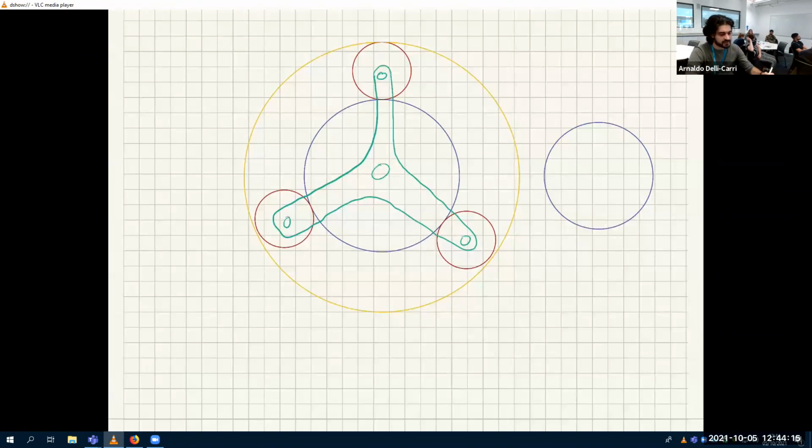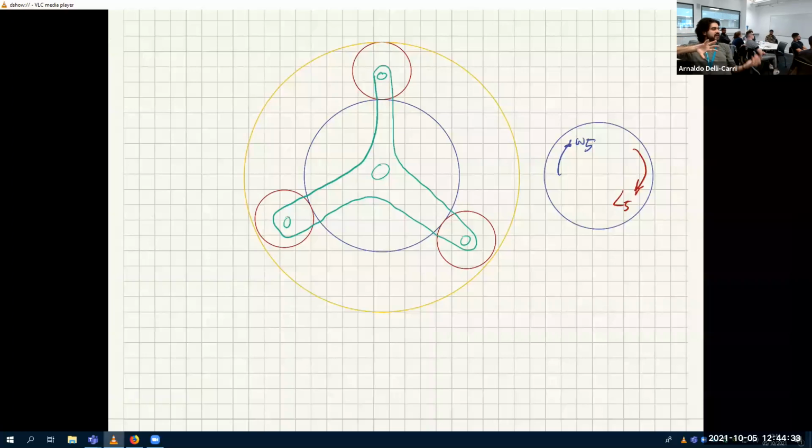L5 is a torque. So we have this is omega 5, and then we have L5, which is in the same direction as omega 5. And since this must be in equilibrium, the 3 tangential forces must be rotating in the opposite direction of L5, because the sum of all these must be 0.